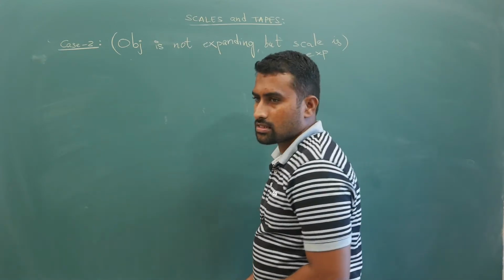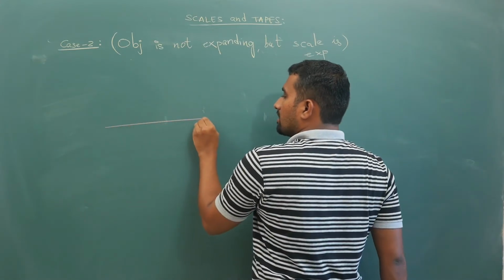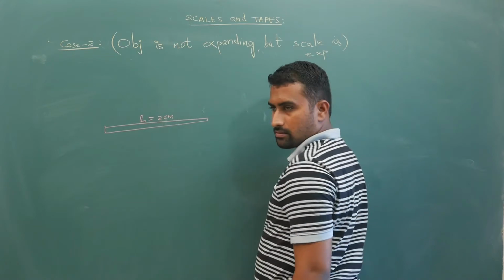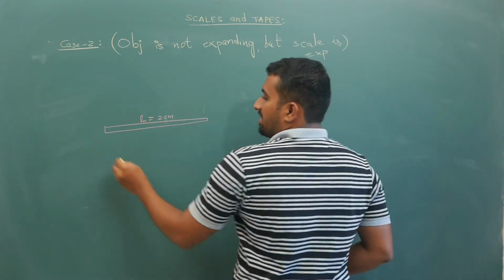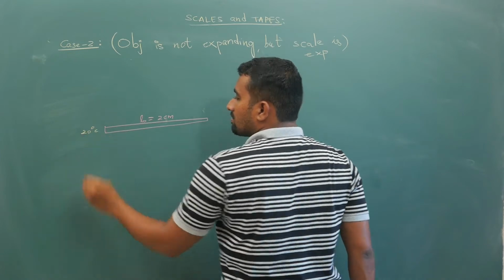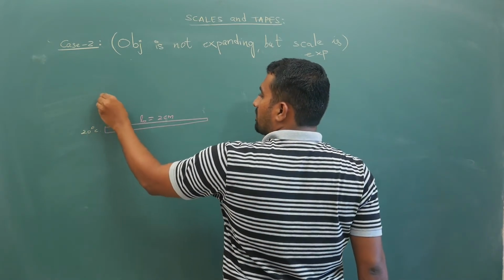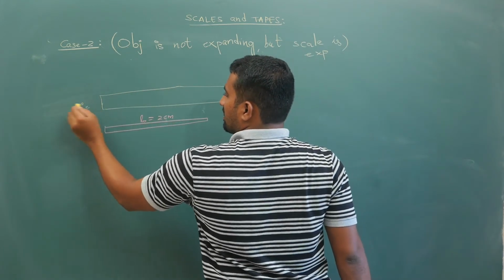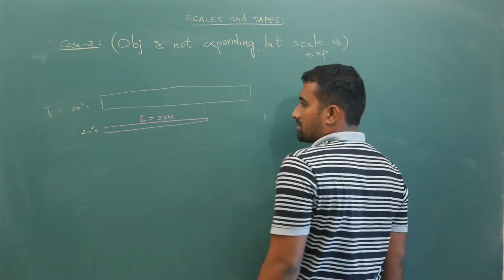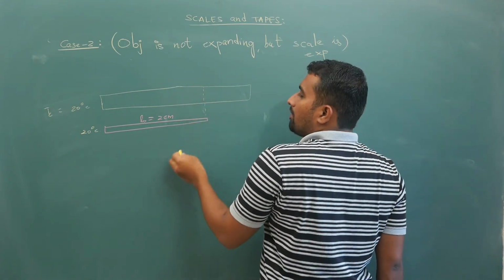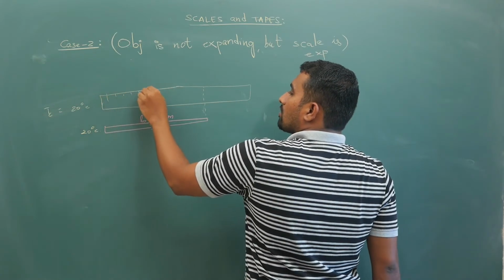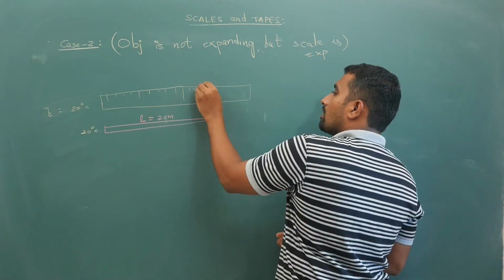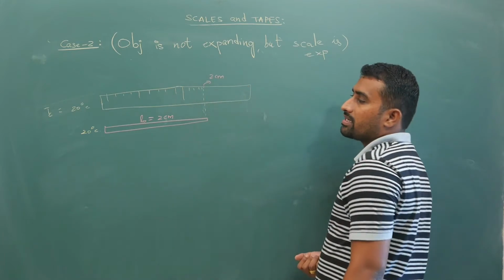So that means you have an object here whose length L naught is equal to 2 centimeter, at 20 degrees centigrade. Initially you have your scale here at 20 degrees centigrade, which is the scale's calibration temperature. Obviously in the starting, when it is at 20 degrees centigrade, it is going to show the 2 centimeter marking.